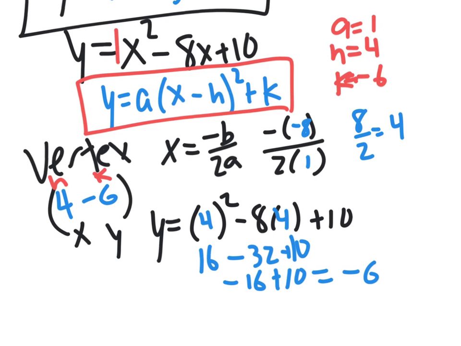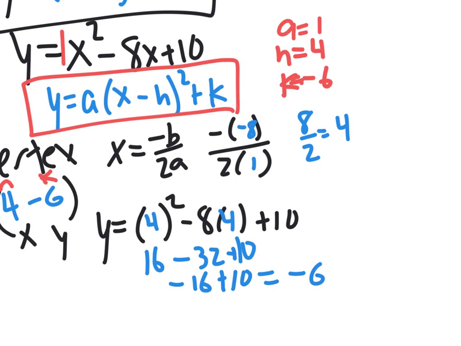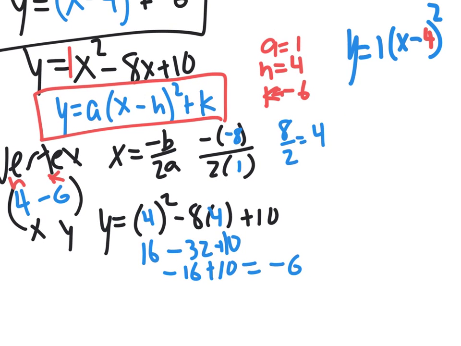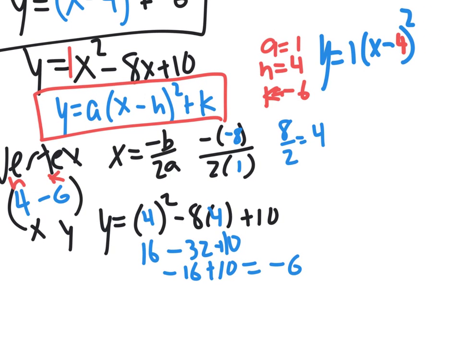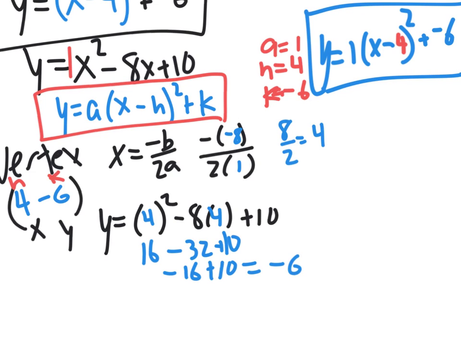And all I'm going to do is plug it into my vertex form equation. So instead of y equals a, I'm going to put y equals 1, parenthesis, x minus h. That's going to be a minus 4, and then close parentheses squared, and then plus k. Plus k, what is my k value? Negative 6.